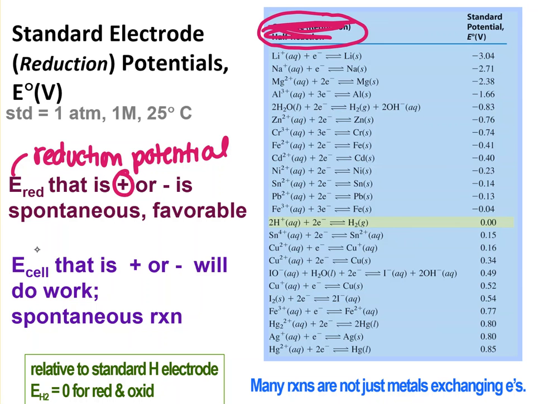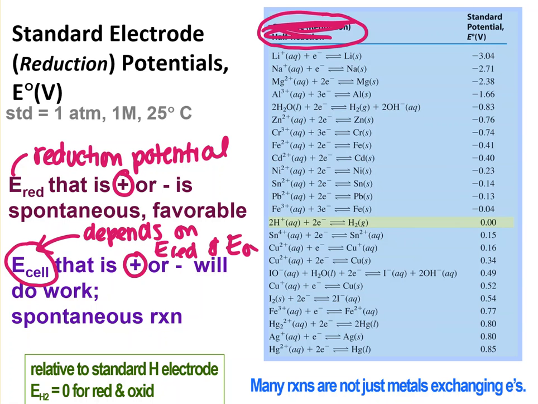If it comes out positive, then the reaction is spontaneous. And this value depends on both the reduction potential and the oxidation potential of the anode.